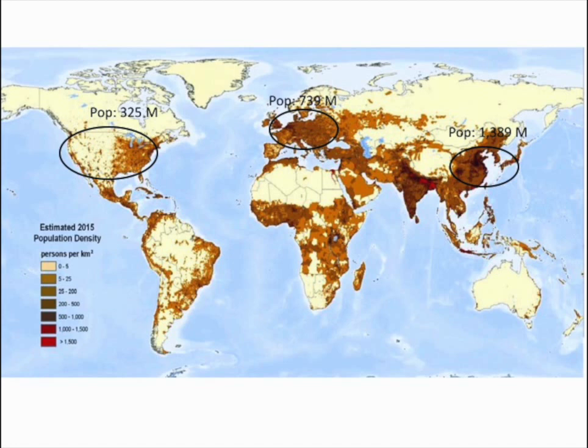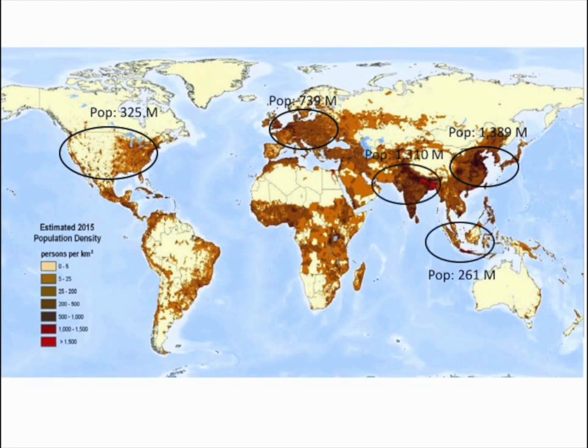Note that it is also very high population density, particularly as you get close to the Pacific Ocean. So we have another larger group of people. This is less developed, less income, and also one of the areas where we expect to see continued growth in food demand in the future.